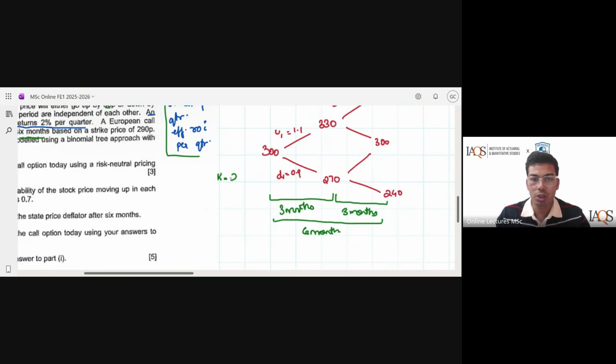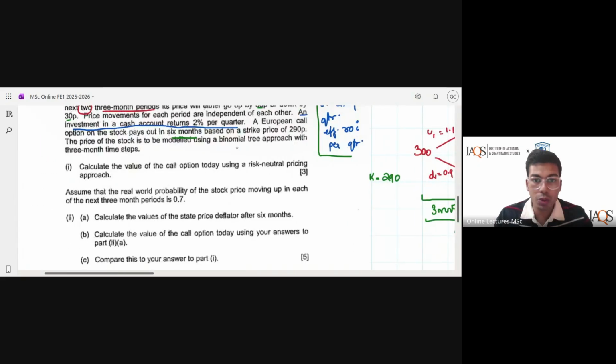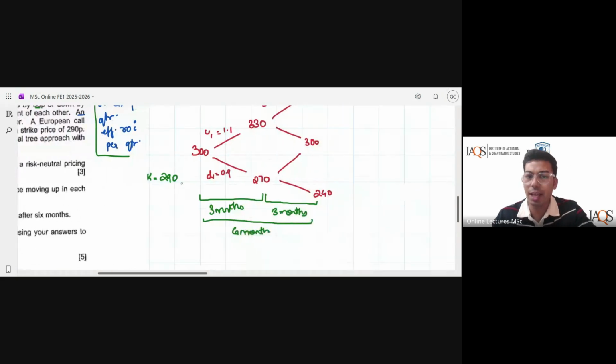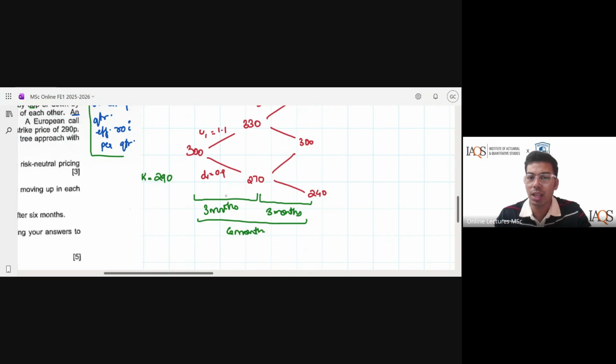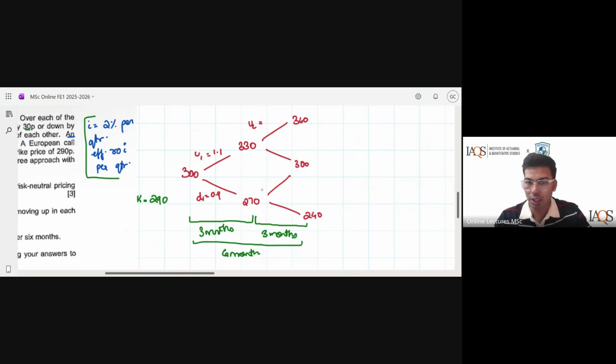So I know K is equal to 290. The price of the stock is to be modeled using a binomial tree approach with 3-month time steps, which I have. I have a 3-month time step at each step, a total of 2 time steps. Understood? I know where you got confused, but clear?